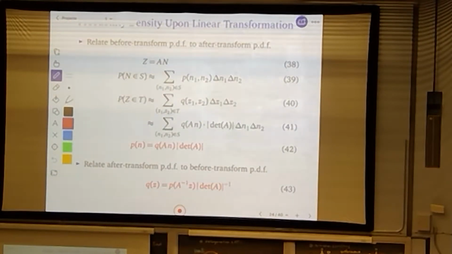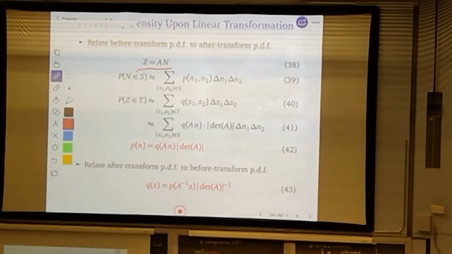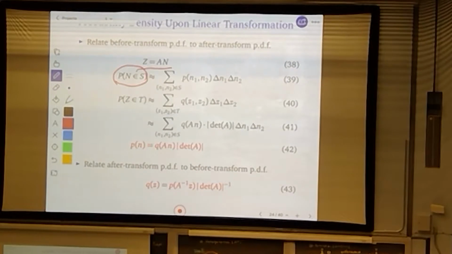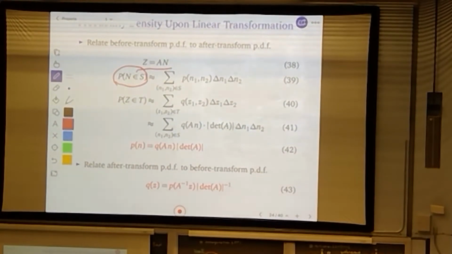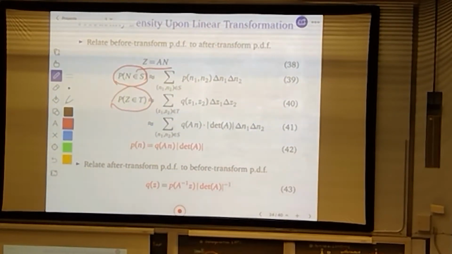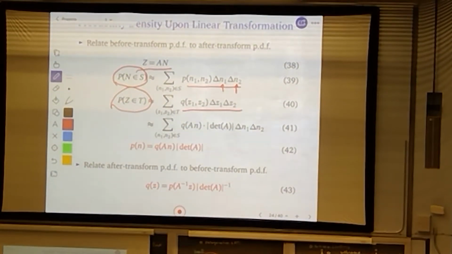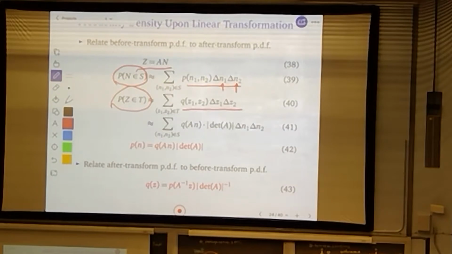So now we want to relate the probability before the transform to the probability after the transform. This is written as such, as a Riemann sum over delta n1 variables. And by the same token, I denote the probability density for z by q.